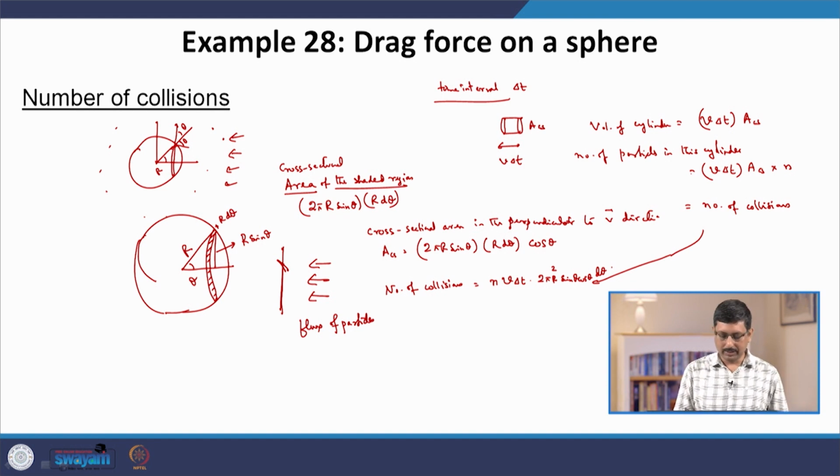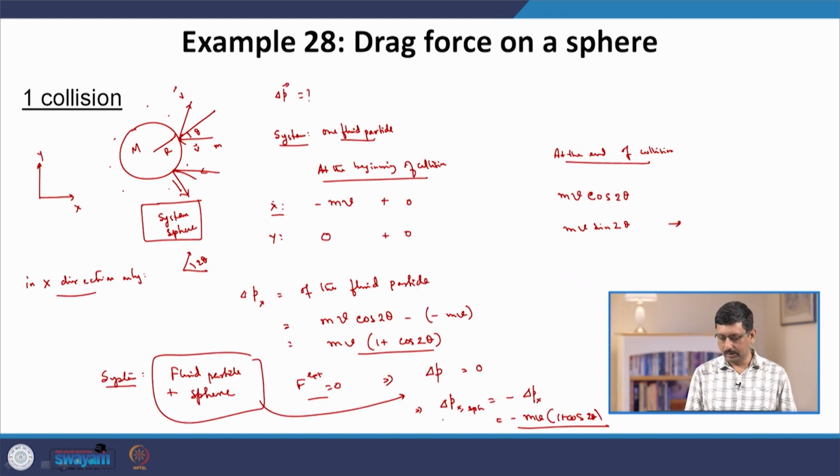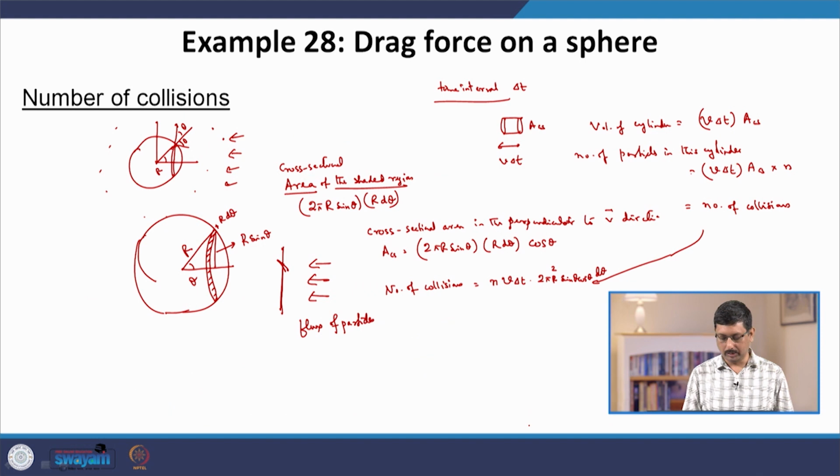Now, we have estimated that in one collision, the net transfer of momentum on the sphere is minus mv times 1 plus cos 2 theta.